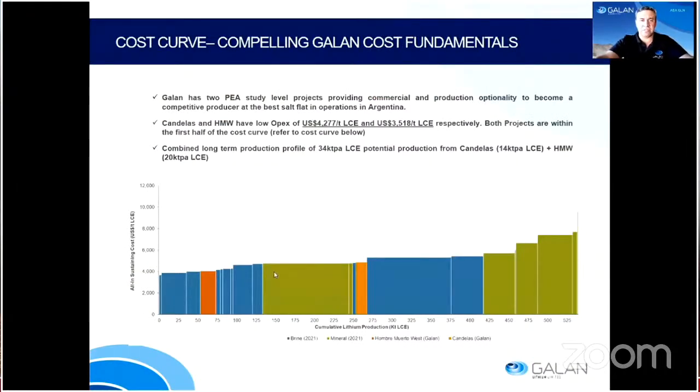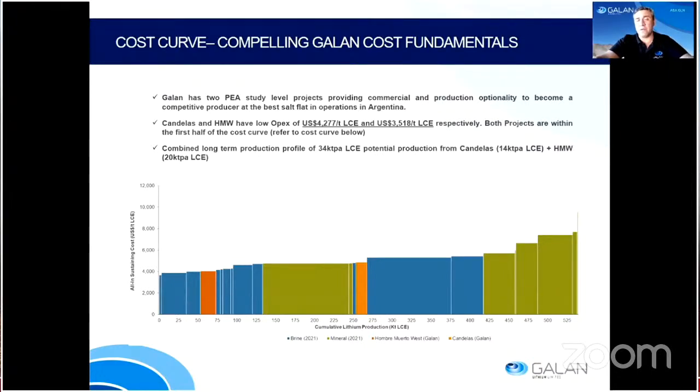So where is Galan today in the cost curve for the year 2020, or 2021, better said? Hombre Muerto West is at the right point, with one of the lowest operating costs. Then we have Candelas, which is sitting right in the middle. So as a combination of both our projects, we're already very competitive, and we believe that we can show something really good to the market.